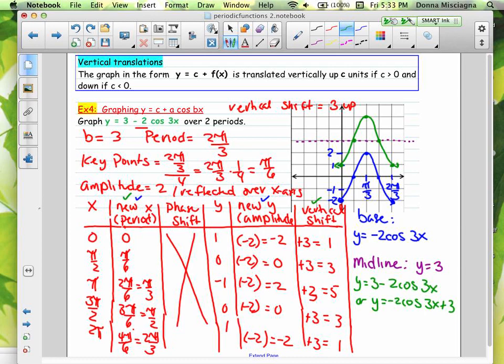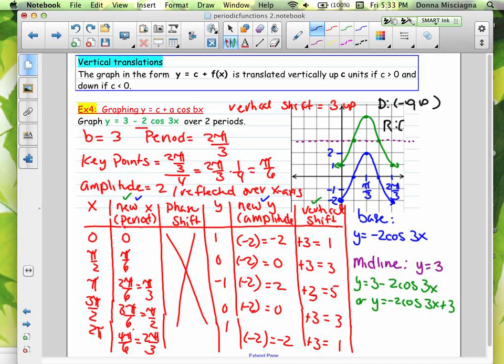All right, so domain and range, and we're going to do the domain and range on the translated graph. The domain is always all real numbers. The range is now changed because not only do we have an amplitude change, but we've also shifted up. So the low value for my range, you can see it right in the graph, it's 1.